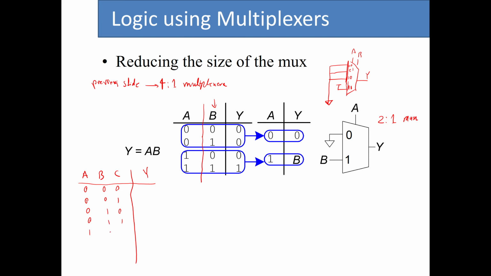And then 1, 0, 0, 1, 0, 1, 1, 1, 0, 1, 1, 1. Like I said before, you can create any random function that you want. Let me just create a random function like this. So here is a random function that I just created for this specific example. You can do it the same way too.